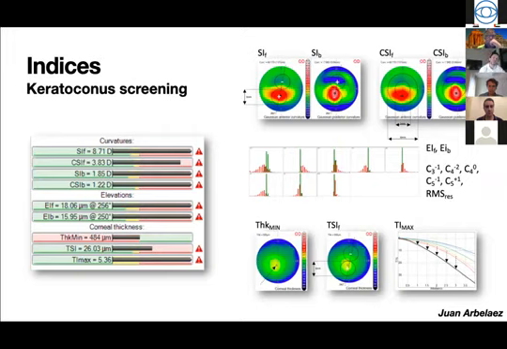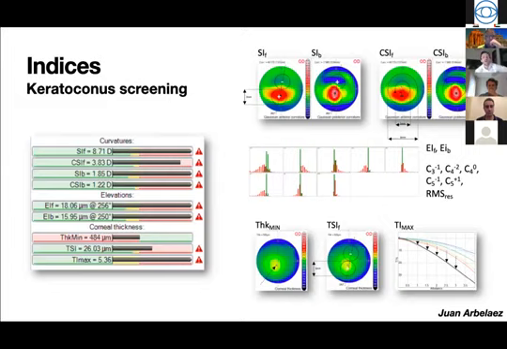We have some indices that we've been using, the symmetry indices, which evaluate a 3 millimeters ring and compare the superior with the inferior using 261 degrees for the evaluation. And now we have a new index that is super interesting in detecting central keratoconus. Early central keratoconus was not screened by the symmetry indices because everything was happening just in the center.